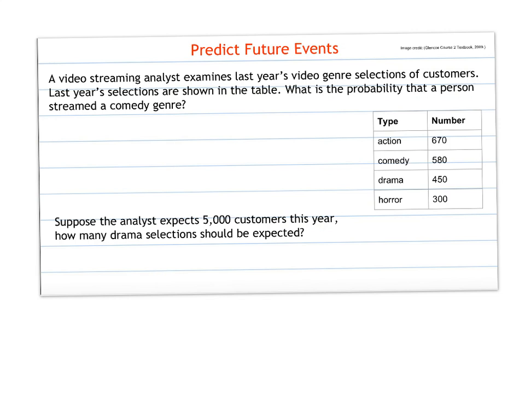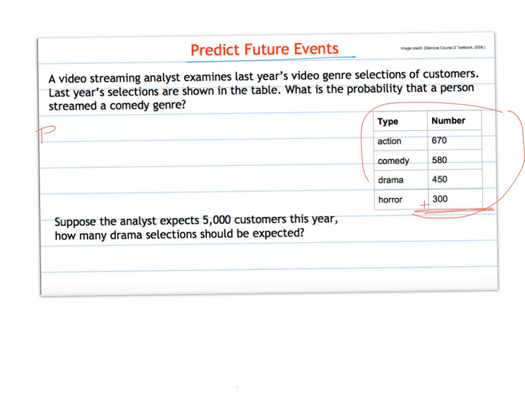One really important part of theoretical and experimental probability is predicting future events. We talked about this with March Madness, and now we're going to talk about it with video streaming. A video streaming analyst examines last year's video genre selections of customers. Last year's selections are shown in the table. What is the probability that a person streamed a comedy genre? First we have to add up all of these to find the total.